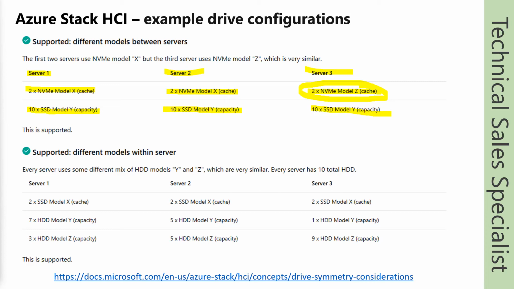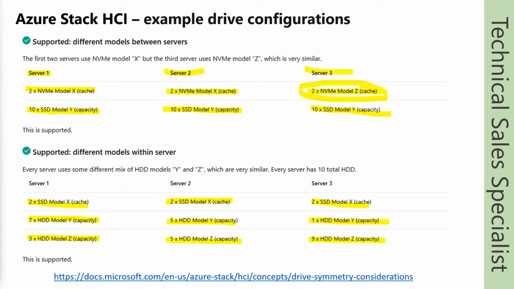What's also possible is that we, for example, have cache drives in each server, 2 SSDs, and we have 10 hard disk drives in each server, but a different mix. In the first server, we have 7 from the one type, 3 from the other type. In the second server, we have 5 from each type. And in the last server, we have 1 from the first type and 9 from the second type.